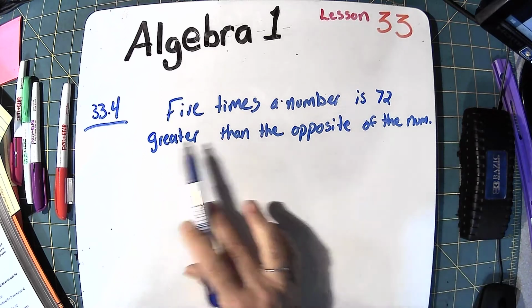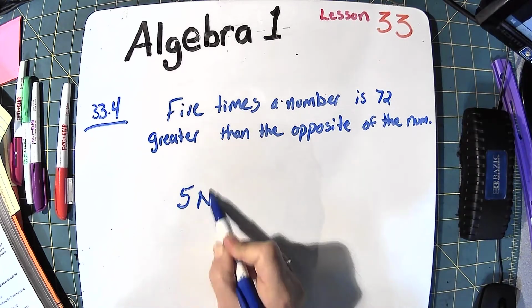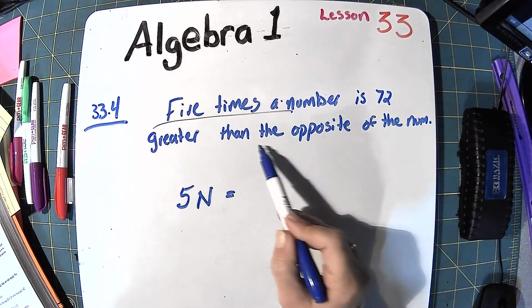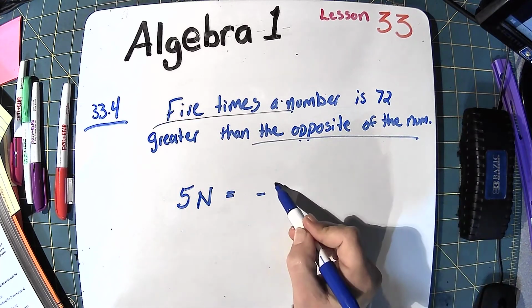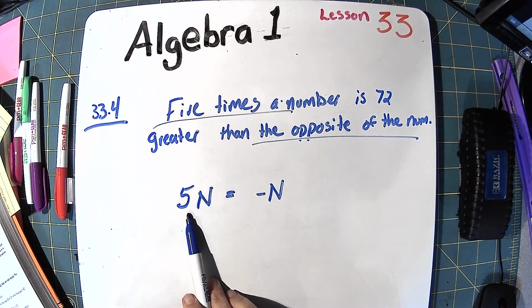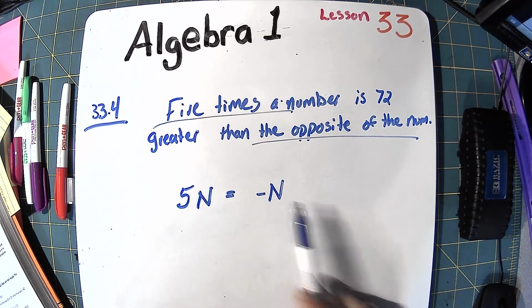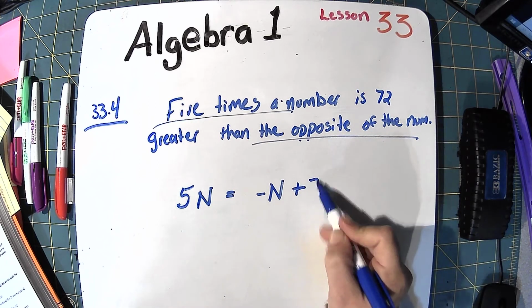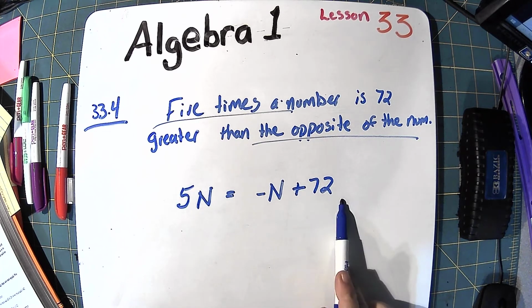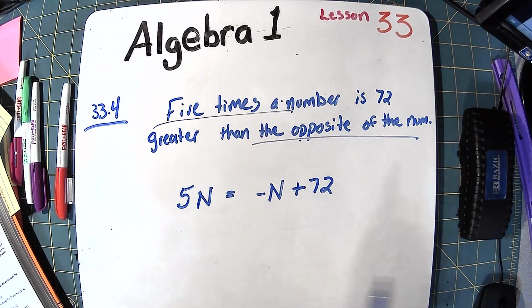All right, so 5 times the number, that's going to be 5n, is 72 greater. Okay, so I use that. Then the opposite of the number, so that's going to be negative n. Now I got to figure out where the 72 greater goes. 5 times n is 72 more than whatever this is. So if I add 72 on this side, then they're going to be equal. Does that make sense? So this side was 72 more, so I had to add 72 on this side to make them equal. Now I can solve.